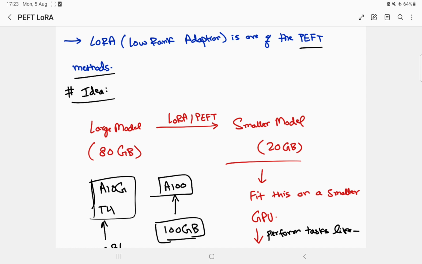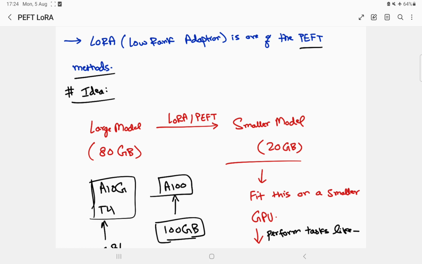So say for example, you have a very large model, say 80 gigabytes. Think of something like Llama 3 70 billion or maybe even Llama 3.1 405 billion, which is the latest release from Meta AI. And you want to do some sort of fine tuning on a consumer grade GPU instead of a very large GPU. So you have basically two types of GPUs. First one is a very specialized and heavy GPU.